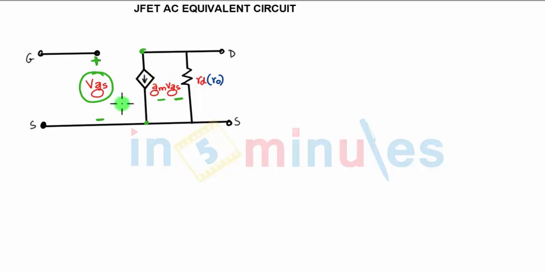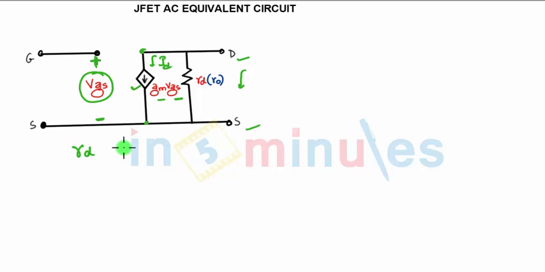The control of the drain current by VGS is included as a current source GM into VGS connected between drain and source. The direction of current is from drain to source, to establish a 180-degree phase shift between the output and input voltages.